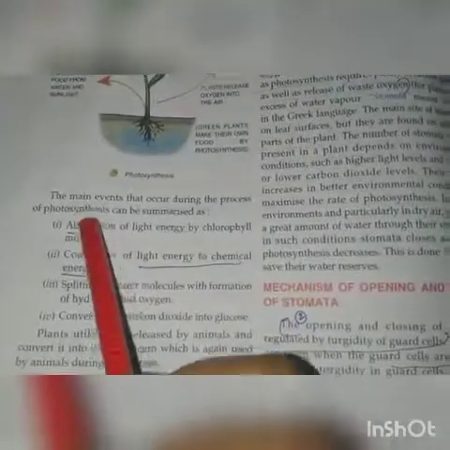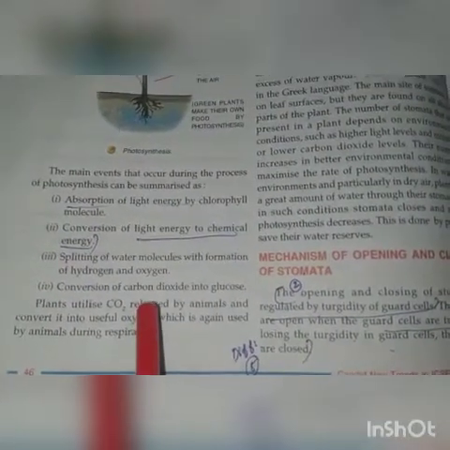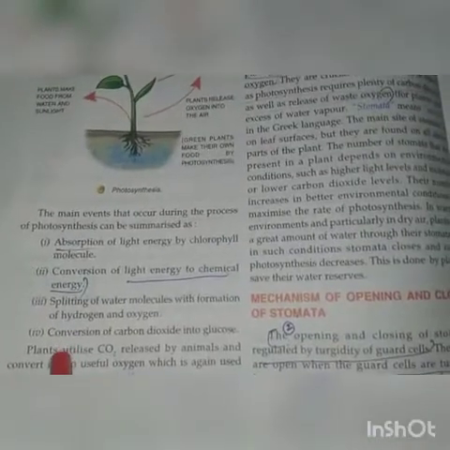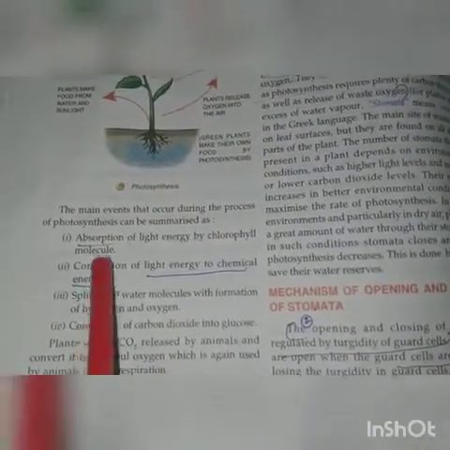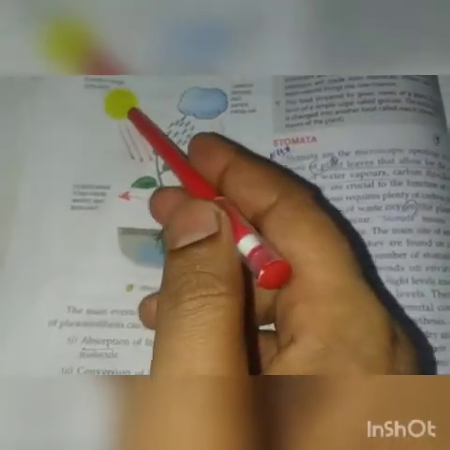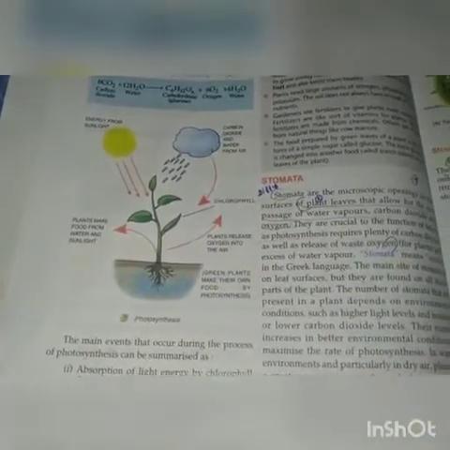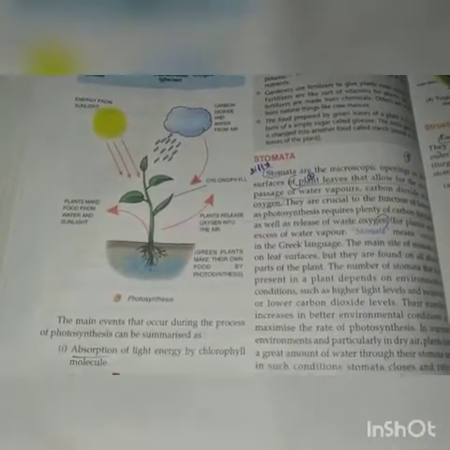As I told you, the source of oxygen is water. So these four steps mainly occur in photosynthesis. First, absorption of light energy: the light energy from the sun falls on the leaves and activates the chlorophylls.